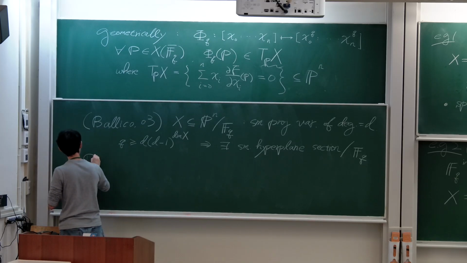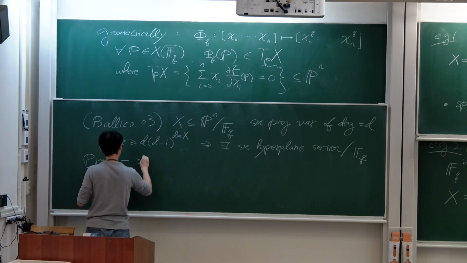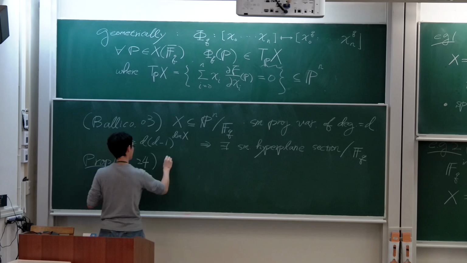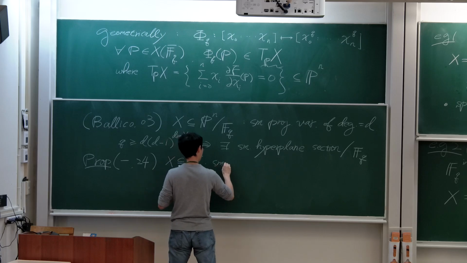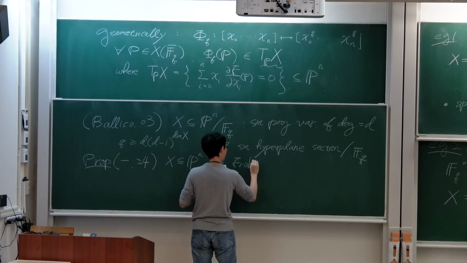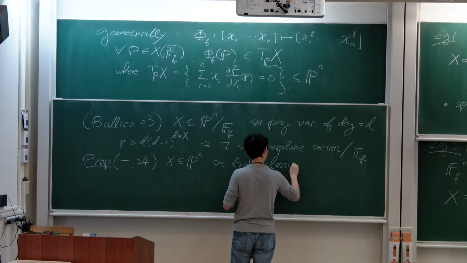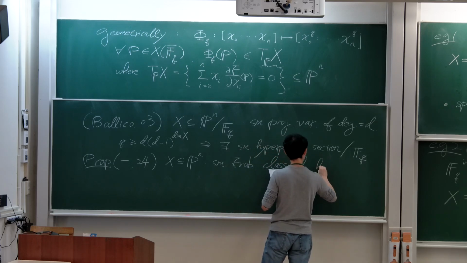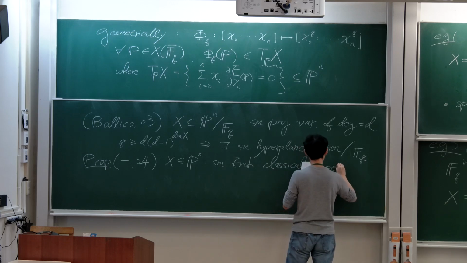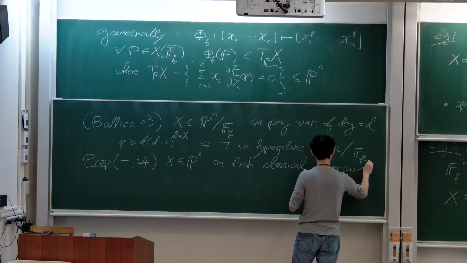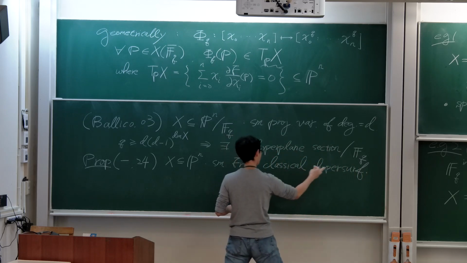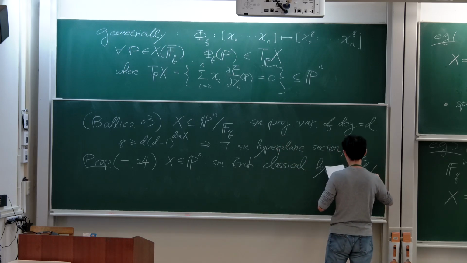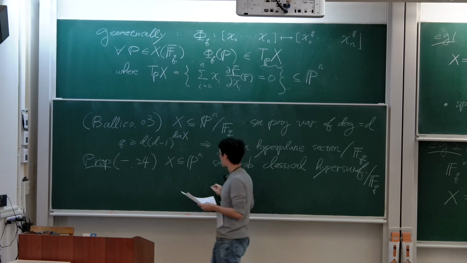And we have a refinement of this result for hypersurfaces. Suppose X is a smooth Frobenius classical hypersurface. Classical means not non-classical. Smooth Frobenius classical hypersurface over Fq of degree d.